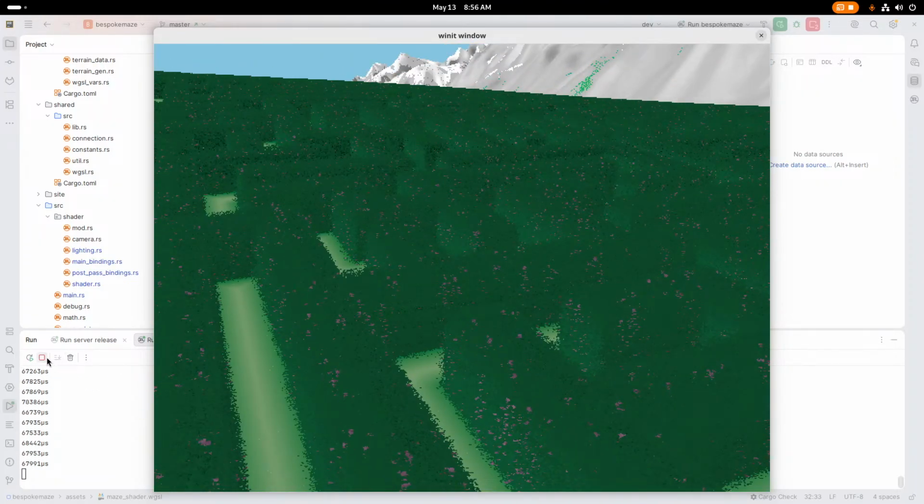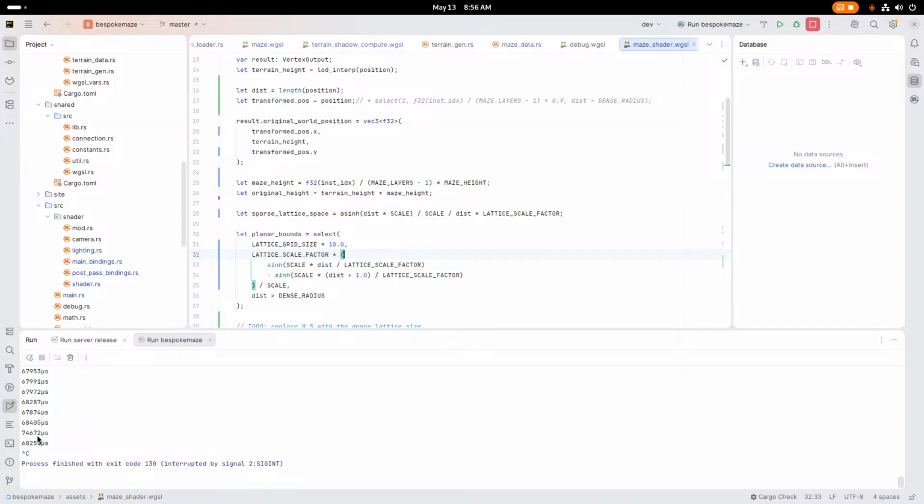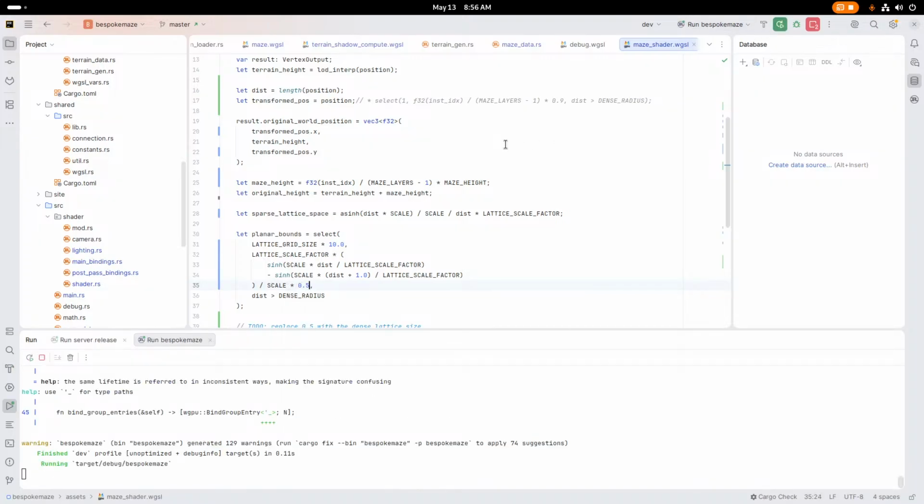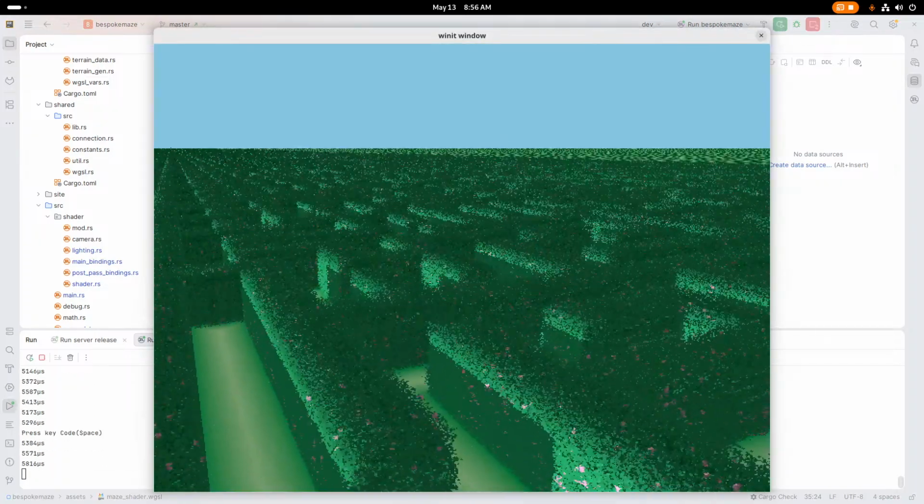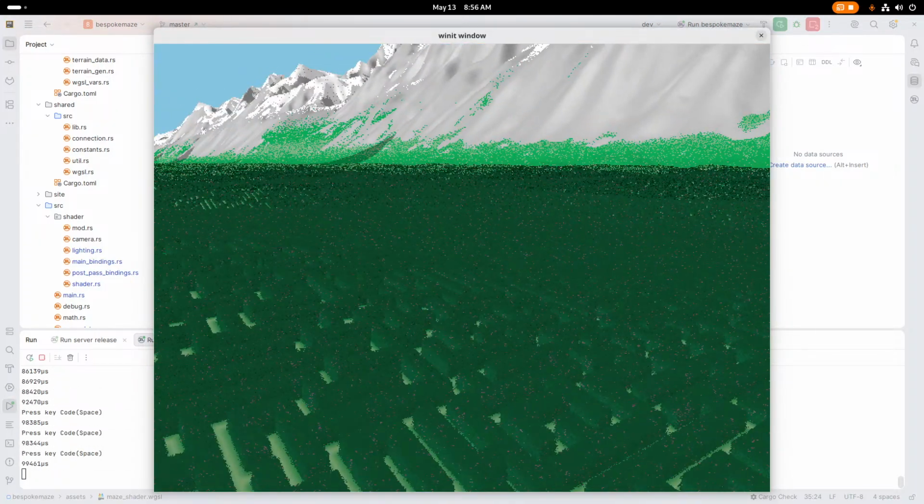Oof. 74 milliseconds. Okay, I think... yeah, I don't know. I don't know, man. 0.5? Obviously, that's not like a real solution. No. Oh my god.